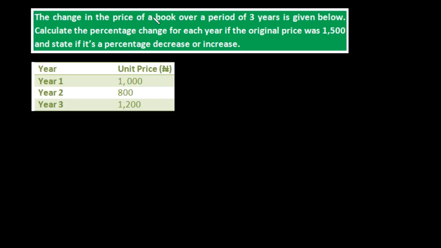The change in the price of a book over a period of 3 years is given below. Calculate the percentage change for each year if the original price was 1,500 naira, and state if it's a percentage decrease or increase. Now, what we'll do is this.